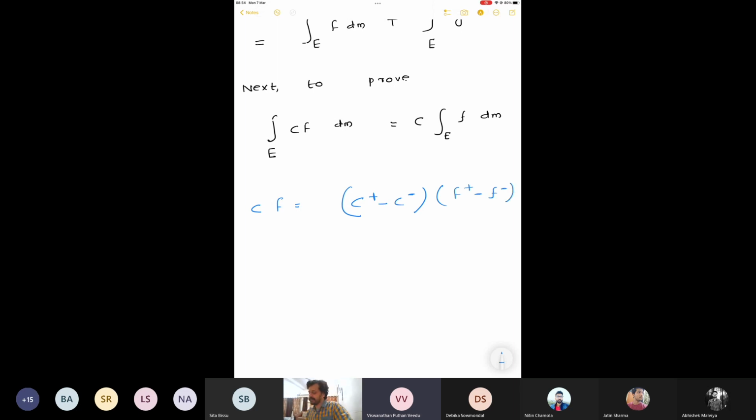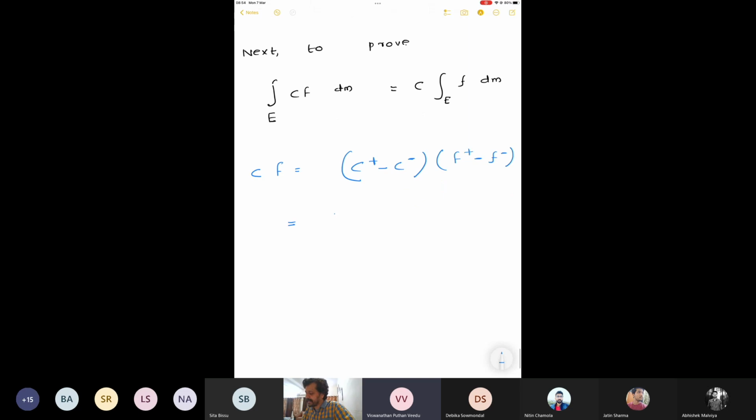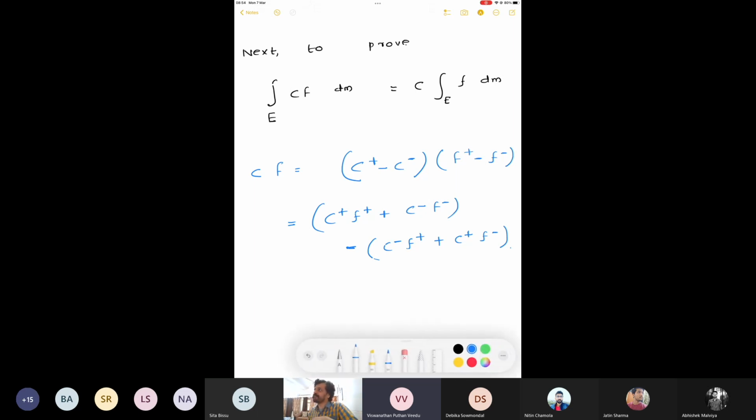This is for the function. Now this can be written as c plus f plus, c minus f minus, c minus f plus, I'm just distributing it, plus c plus f minus. Okay. That is cf. But cf has a decomposition, cf plus and cf minus.